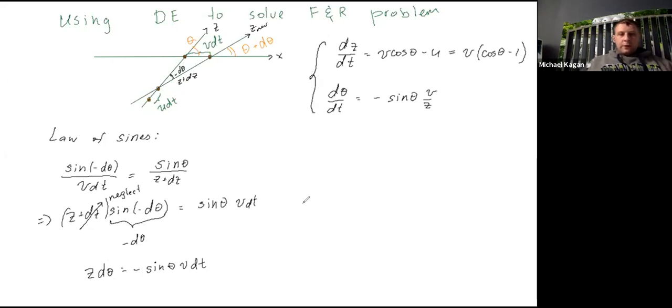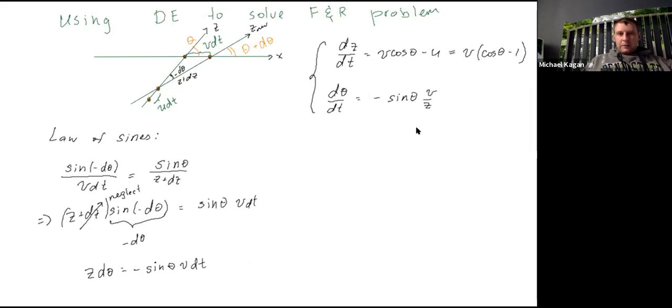So these are differential equations, and in principle, physics stops here. Just do the math, and whatever your knowledge is about solving differential equations. So first off, it's a system of two differential equations. They're coupled, right? The z shows up in the theta equation and theta shows up in the z equation.